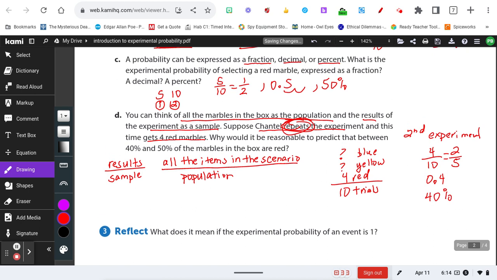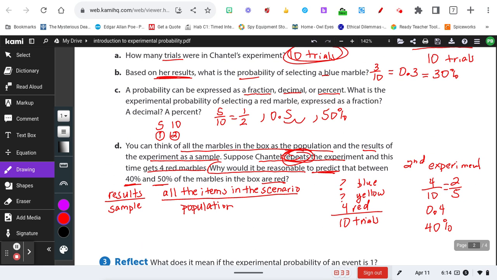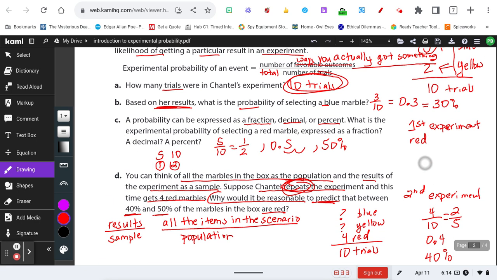So let's take a look. It says, why would it be reasonable to predict that between 40 and 50% of the marbles in the box are red? Okay, what do we get for red up here? So the first experiment, the amount of red was what percent? Where is red? Okay, here's red. What is the experimental probability of red?